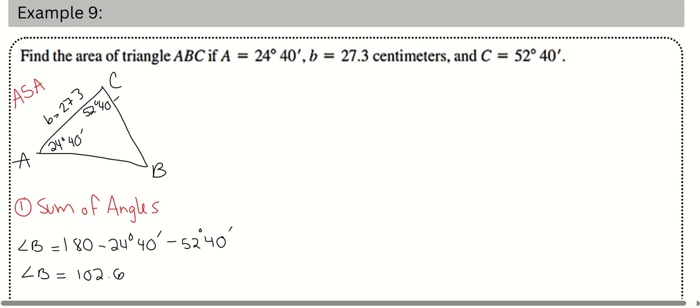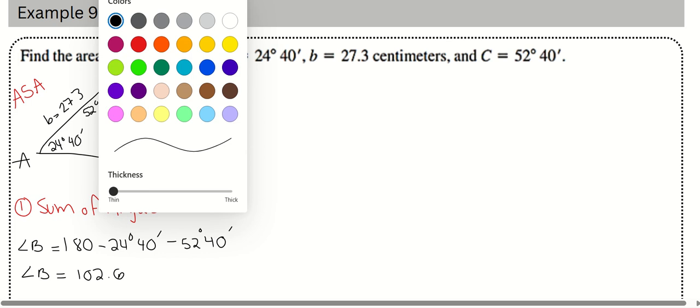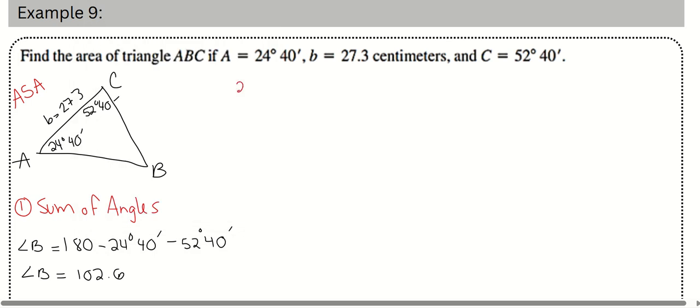So now we can go ahead and use law of sines. And we don't have to find all of these sides, we just need to find one additional side so that we can use Heron's formula, the second formula.